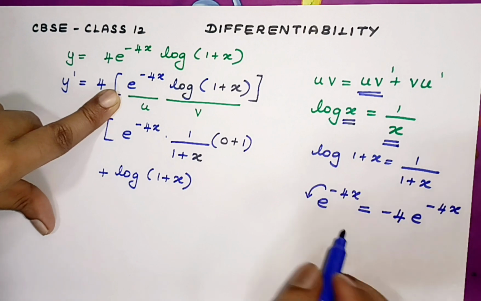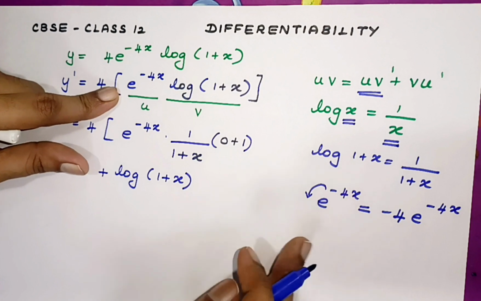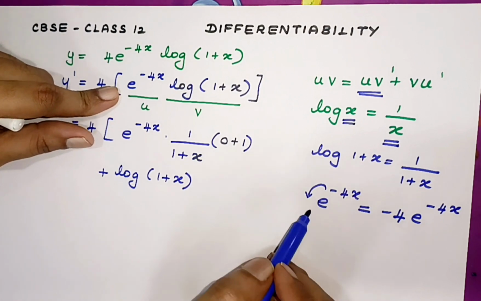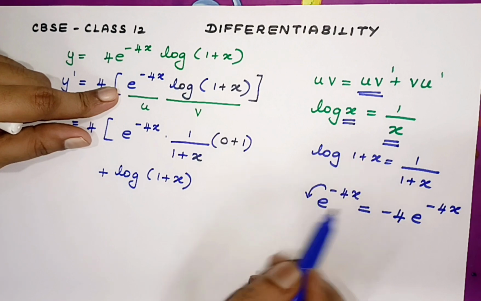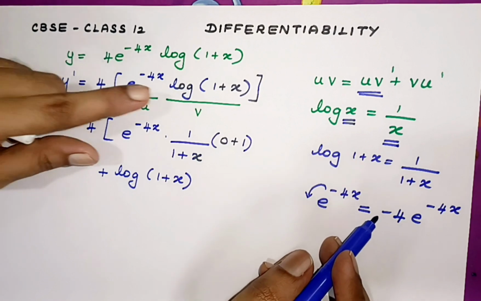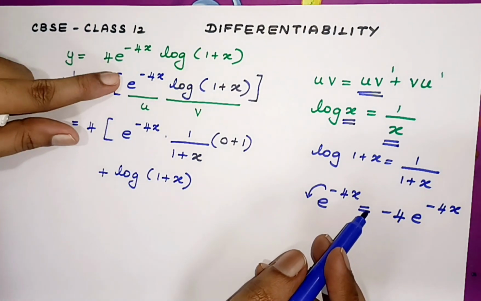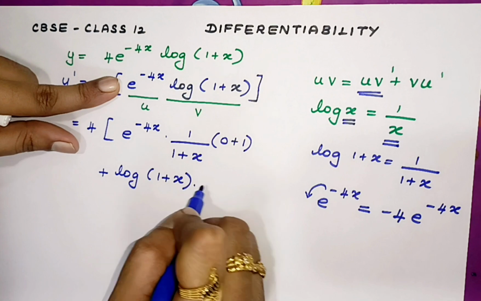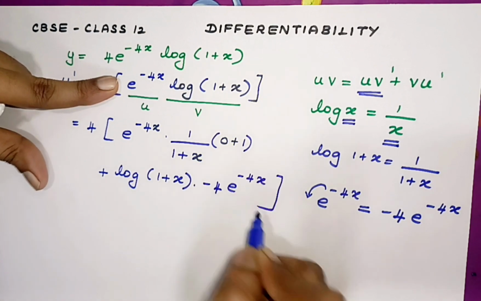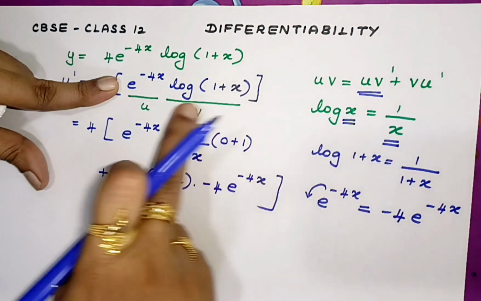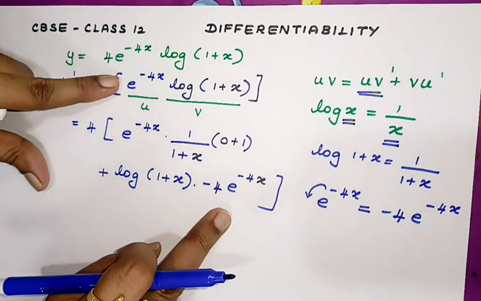This is the procedure for differentiation, whereas for integration it will change; I will explain later in the integration chapter. So we take this minus 4 alone in front of e, keeping log of 1 plus x as constant, into minus 4 e power minus 4x. That's all. v is kept as it is, and u dash is differentiated.